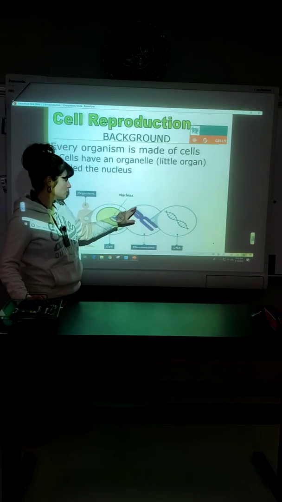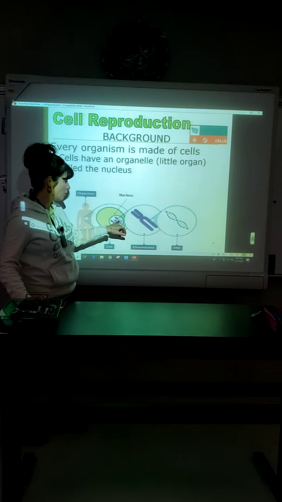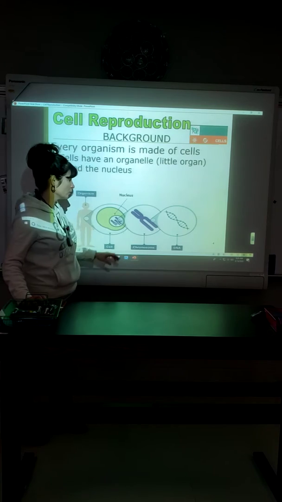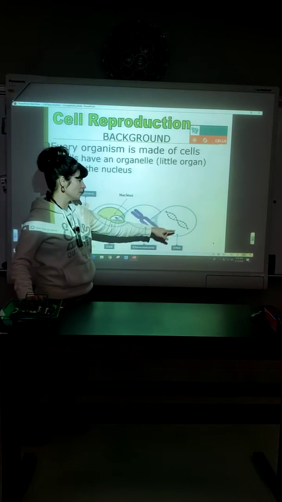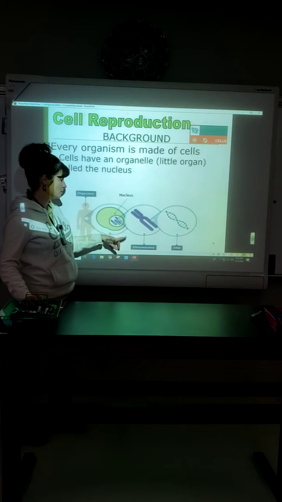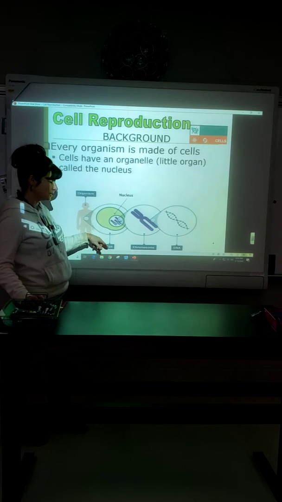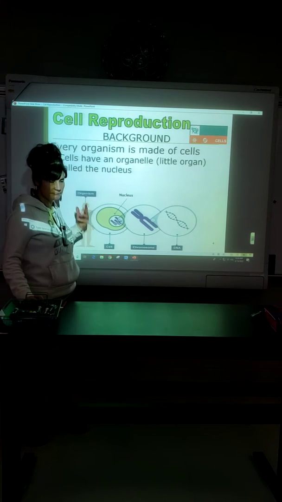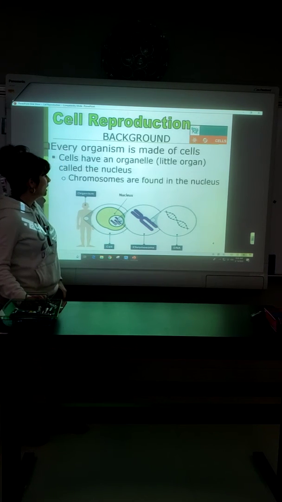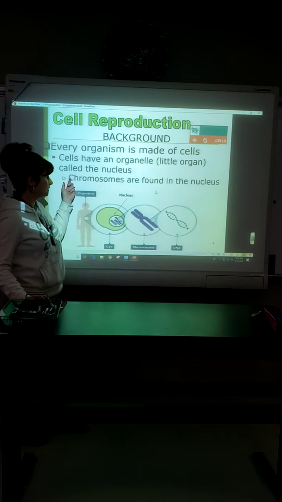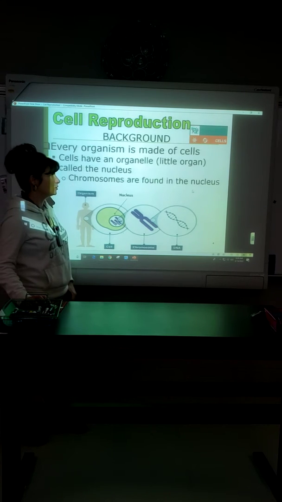Our chromosomes hold our DNA. So if we're looking at it from the smallest to the biggest, DNA fits inside the chromosome, fits inside the nucleus, fits inside the cell, fits inside the organism. And the chromosomes are found in the nucleus.